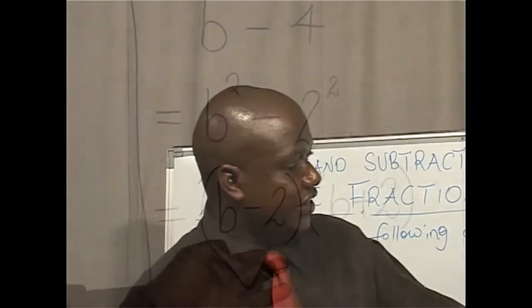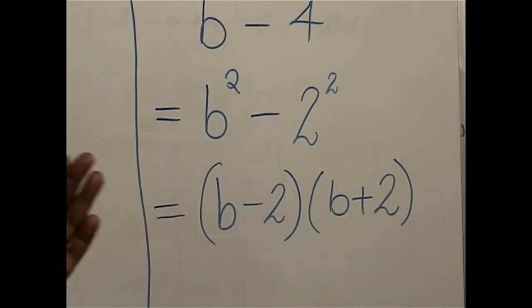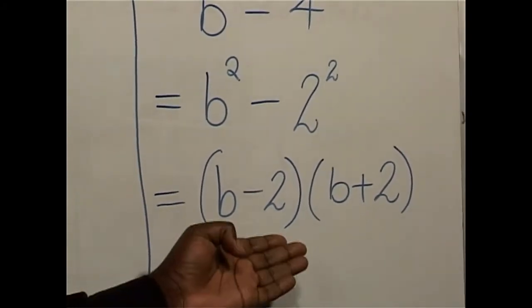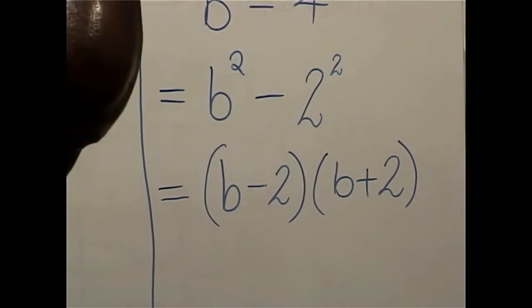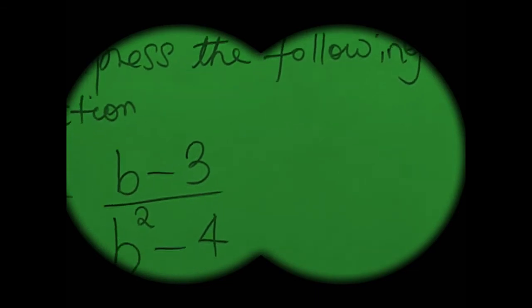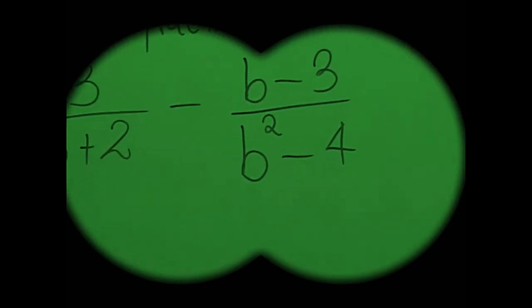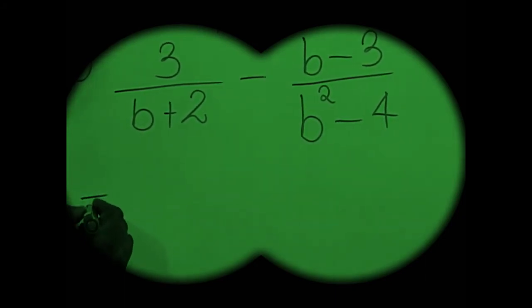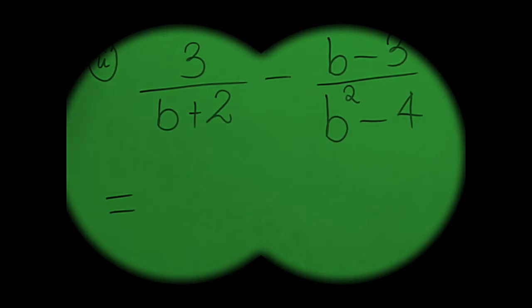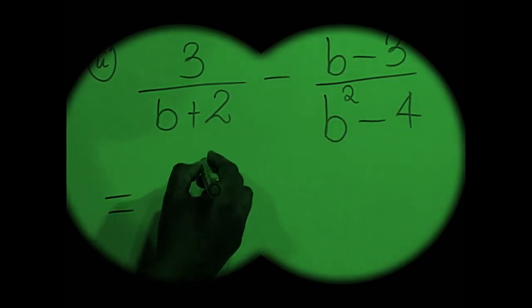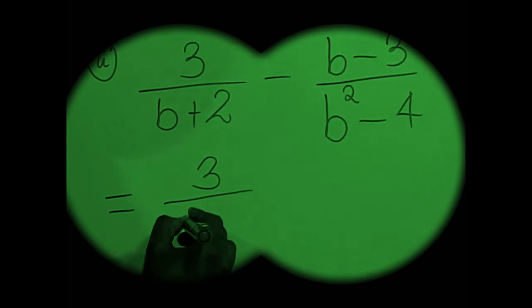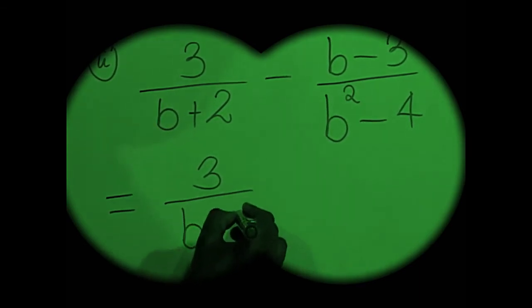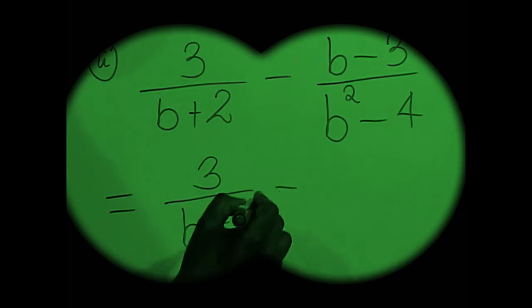So now that this denominator has been factorized, let's go back to our question and see how we can make use of it. So this fraction, which we have in our second example, will now appear as 3 over b plus 2 minus our second fraction.